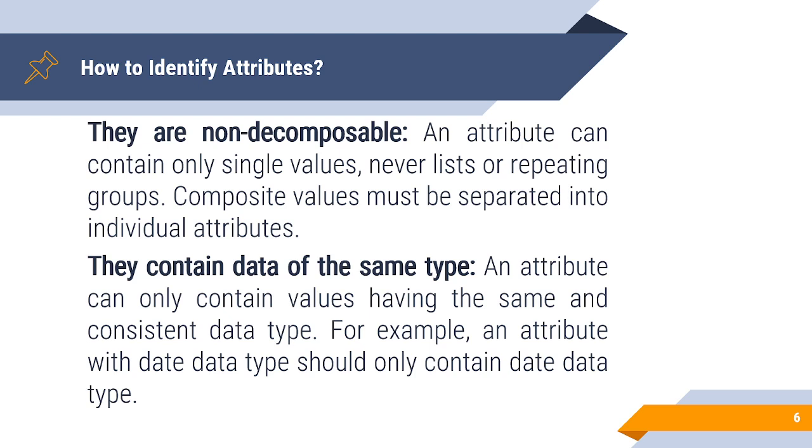You cannot put just January 28 with no year, because the data type must be consistent. Those are some of the things you should consider in selecting your attributes.